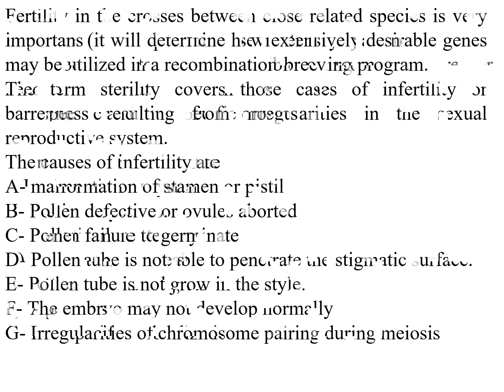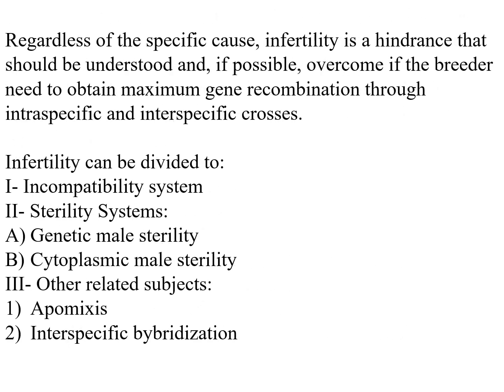Whatever the cause of this infertility, we as breeders have to understand it and try to avoid it, or manage it, control it, and get good seed recombination, especially through crosses between different species and different genera.